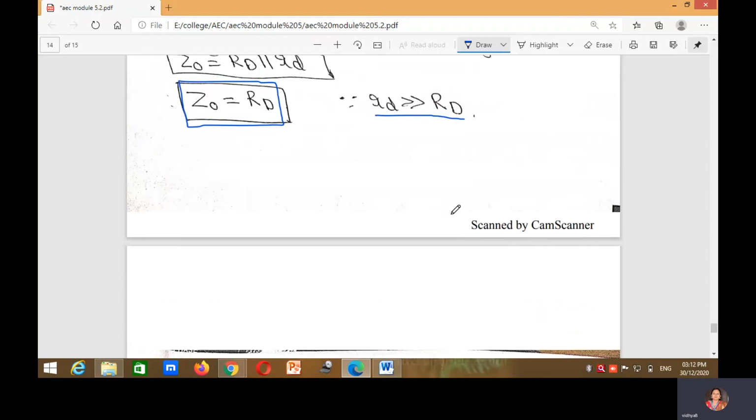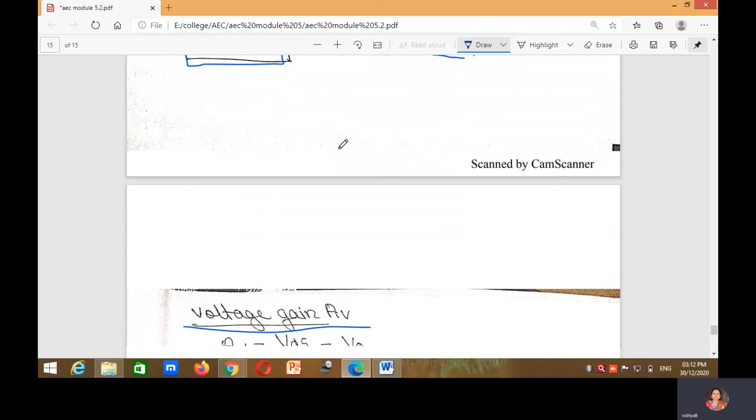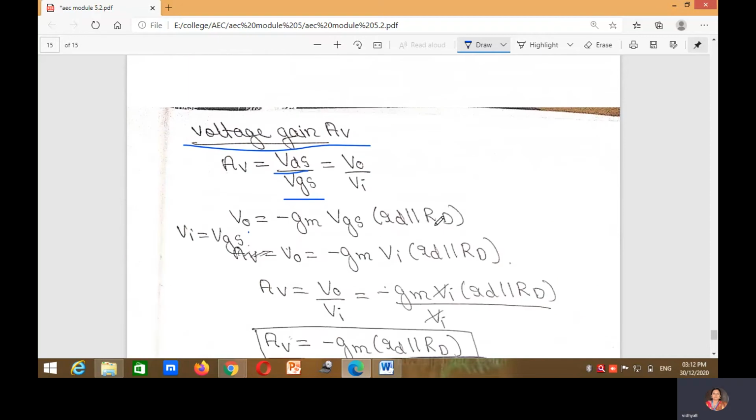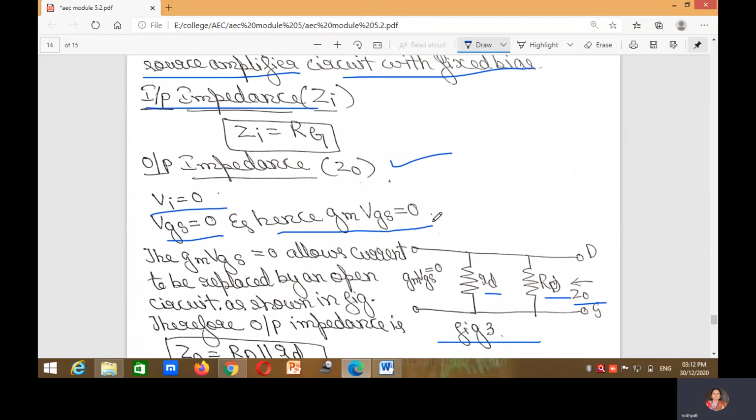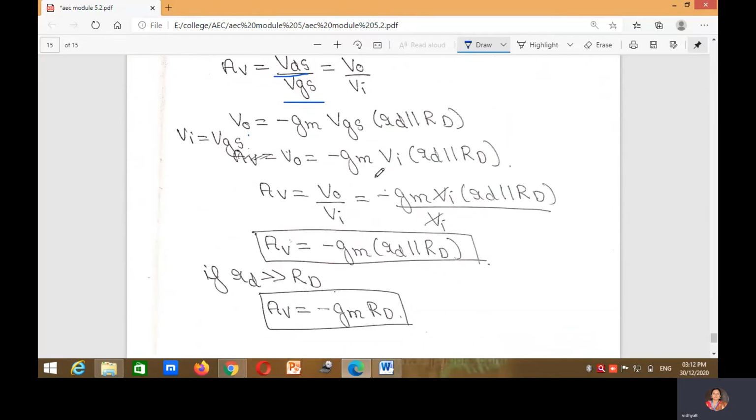We know the output impedance is RD parallel with capital RD, so the output voltage is minus Gm into VGS into that parallel combination. Vi is equal to VGS, so we can replace it.